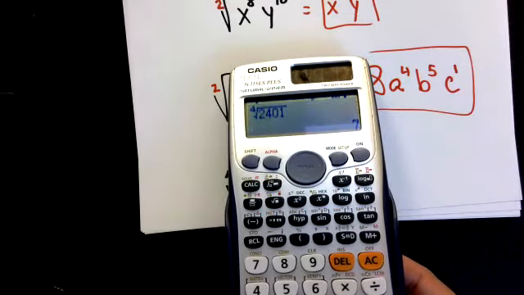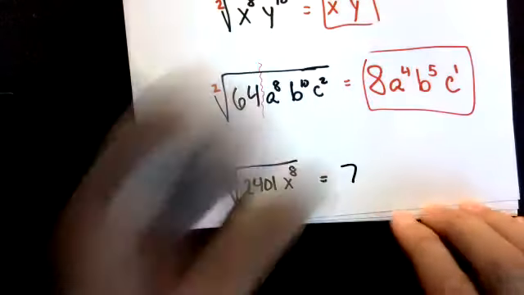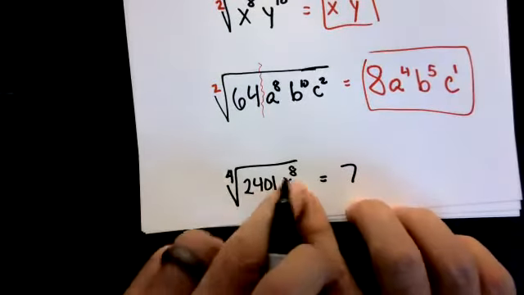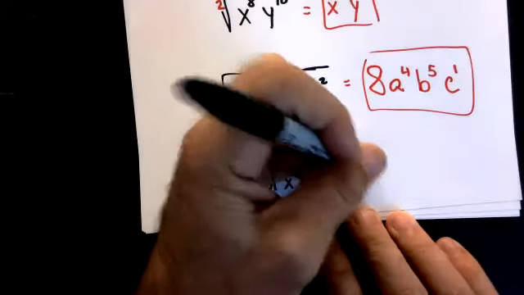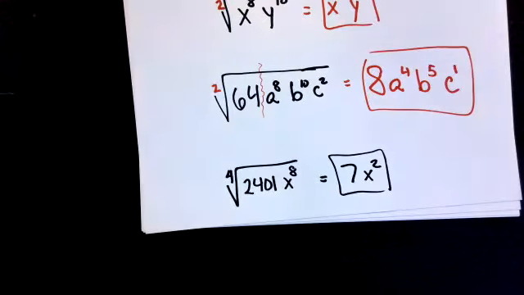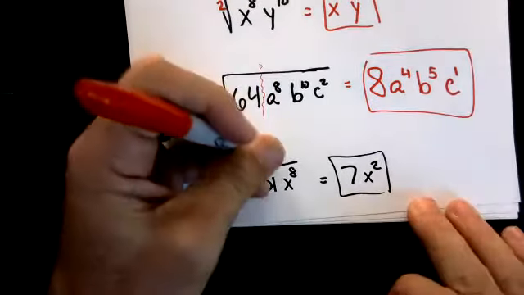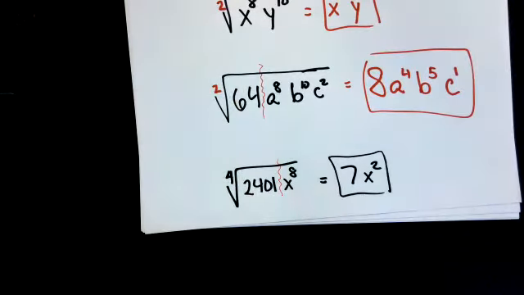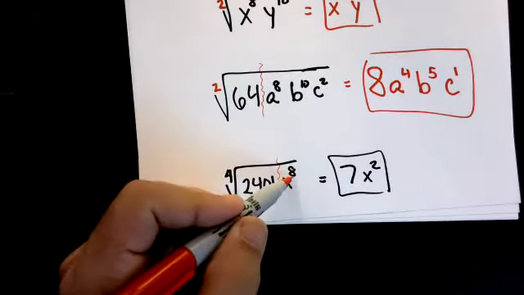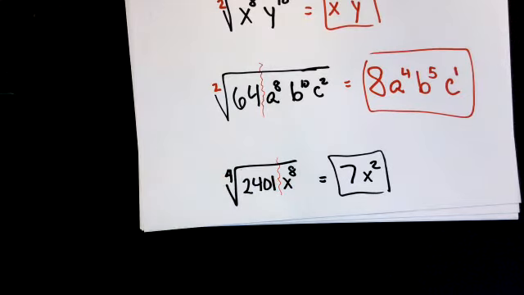That 4th root is 7. Now this I can do, so 8 divided by 4 is 2, so then that would be x to the 2nd. So for whole numbers, we take the root; for exponents, you simply divide by your index.